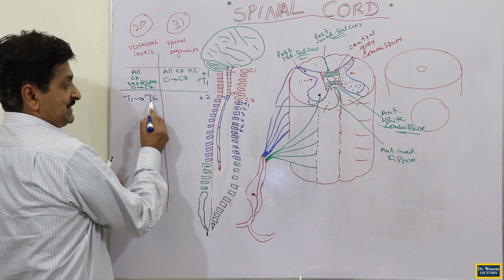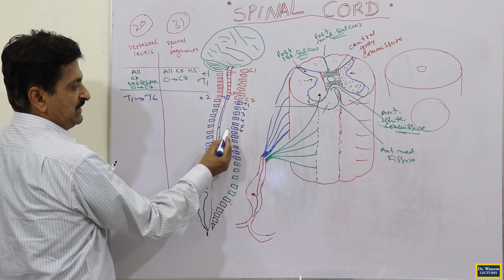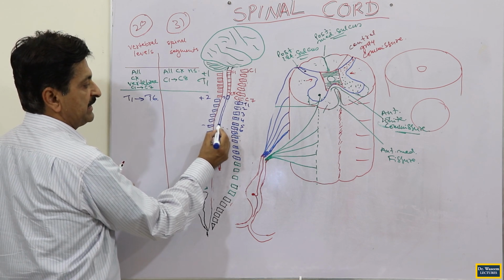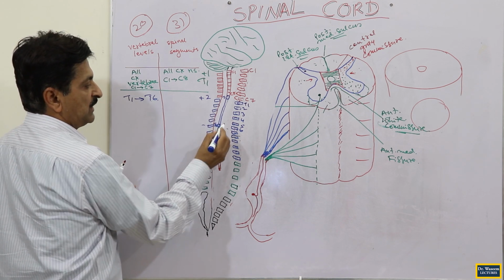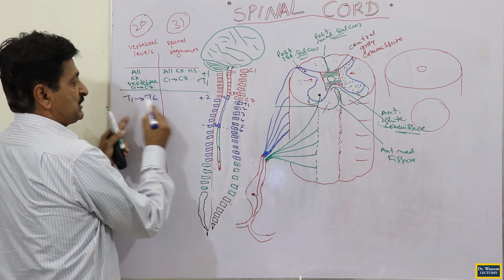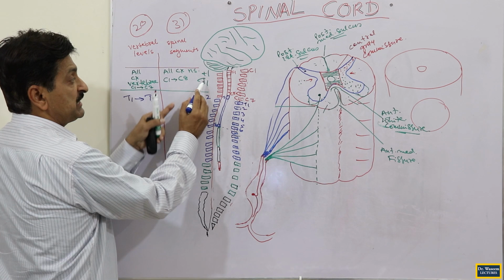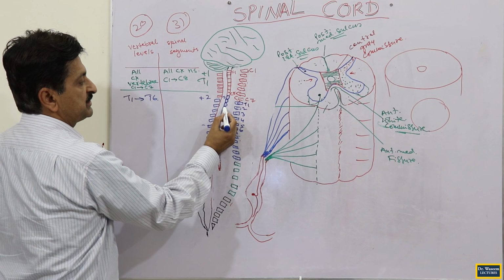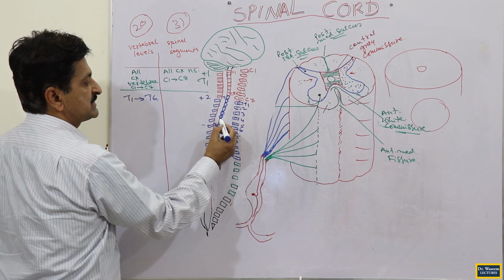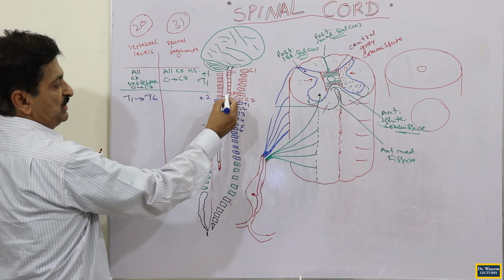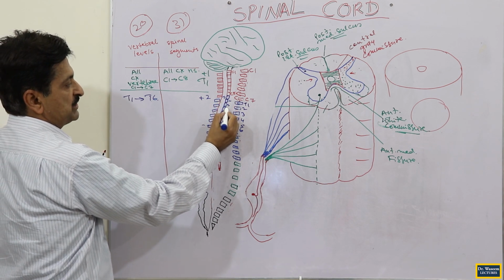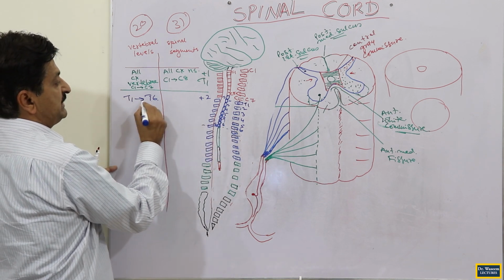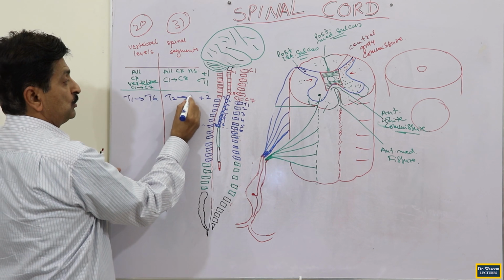When the T6 vertebra comes here, at this level the spinal cord segment will be plus 2, meaning it should be T8. Since T1 has already been given to the cervical, you start from T2, T3, 4, 5, 6, 7 and 8. So here it will be T2 to T8.